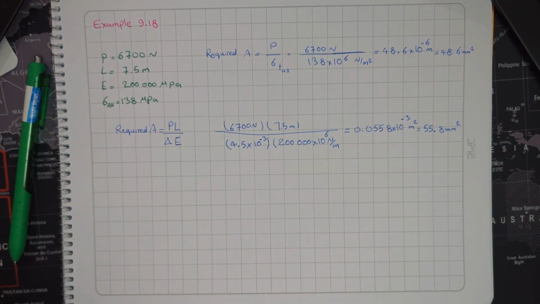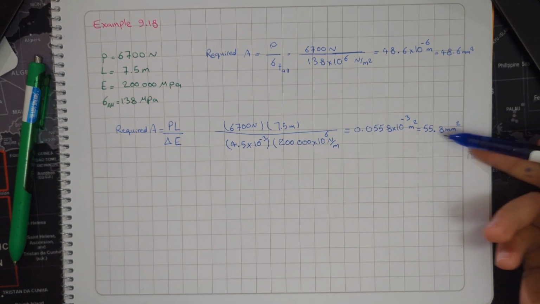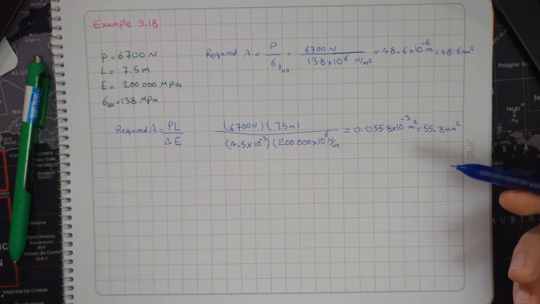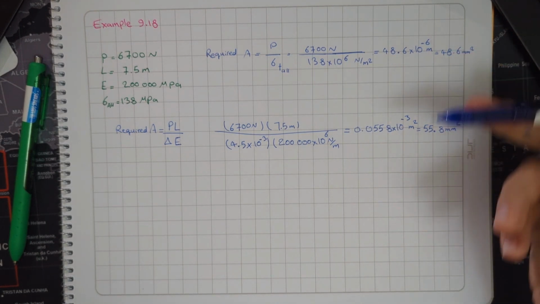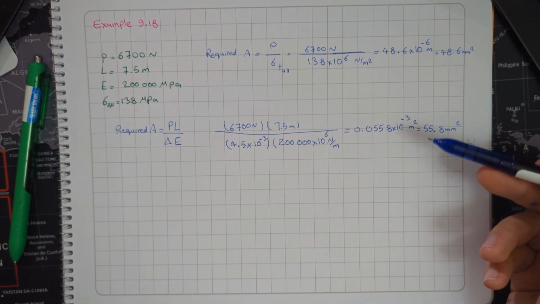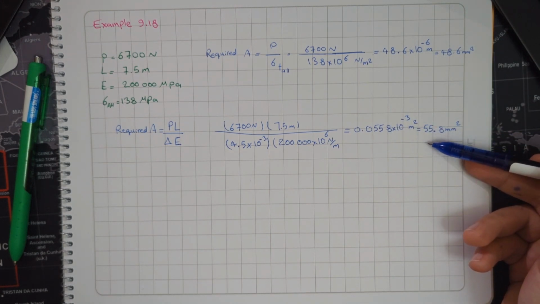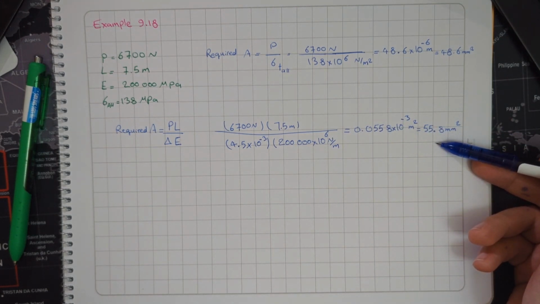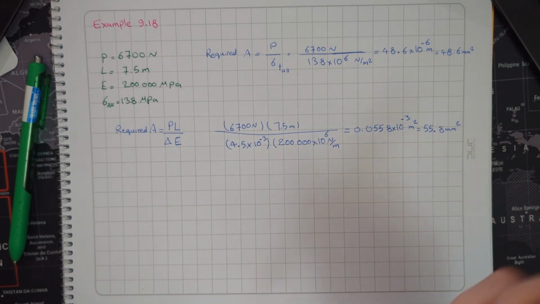And so they have two areas. All right. The larger of the two areas is 55.8.